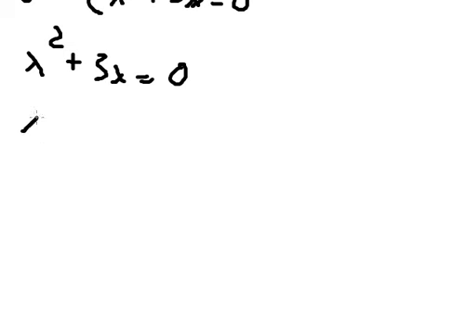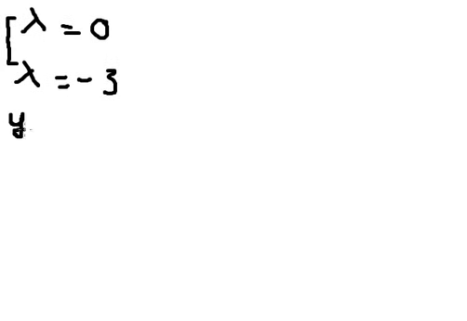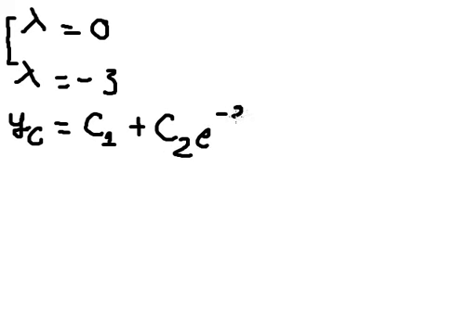We got lambda equals 0 and lambda equals negative 3. So we have yc equals c1, the constant, e to the power of 0s, plus c2 e to the power of negative 3s.